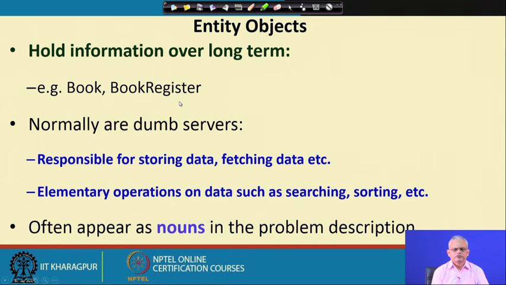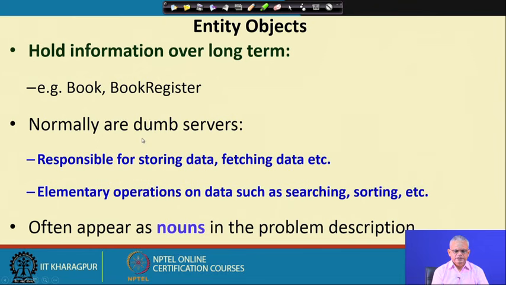It contains what are the books available and which are issued out to whom. Similarly, we might have members, member register, all these are entity objects.